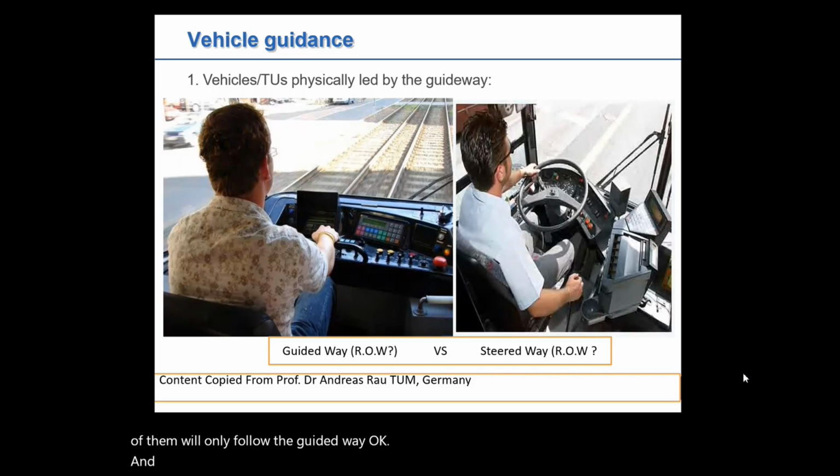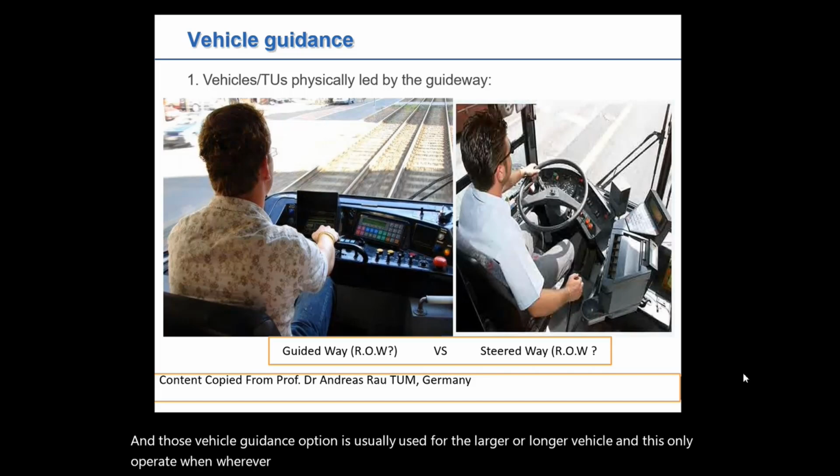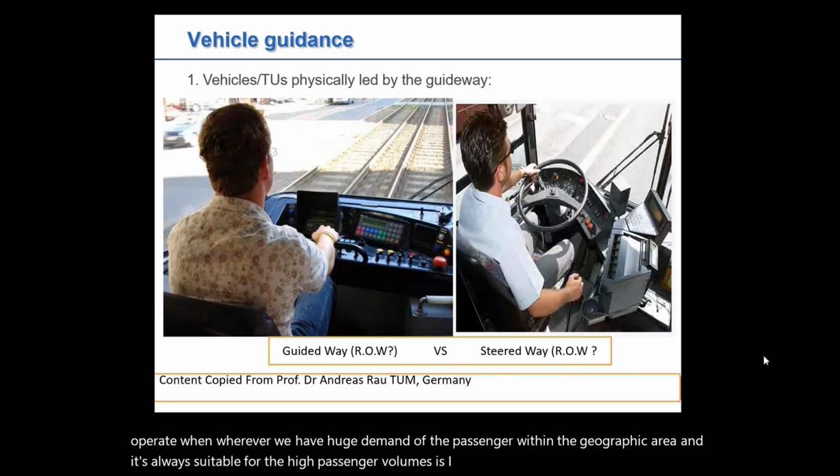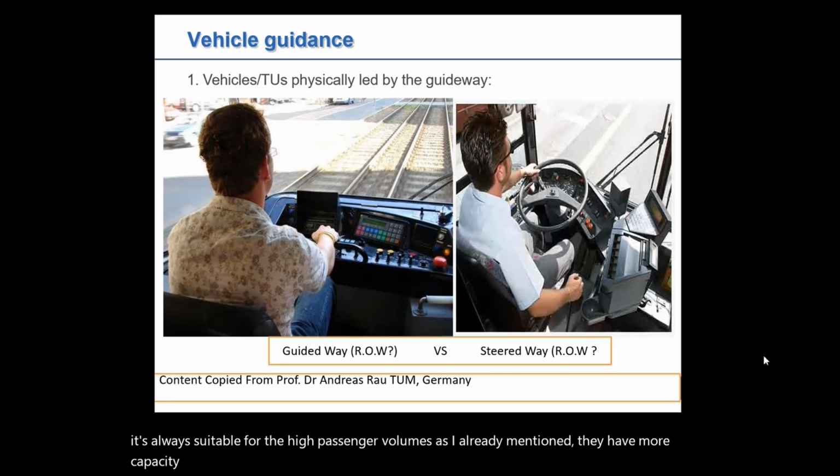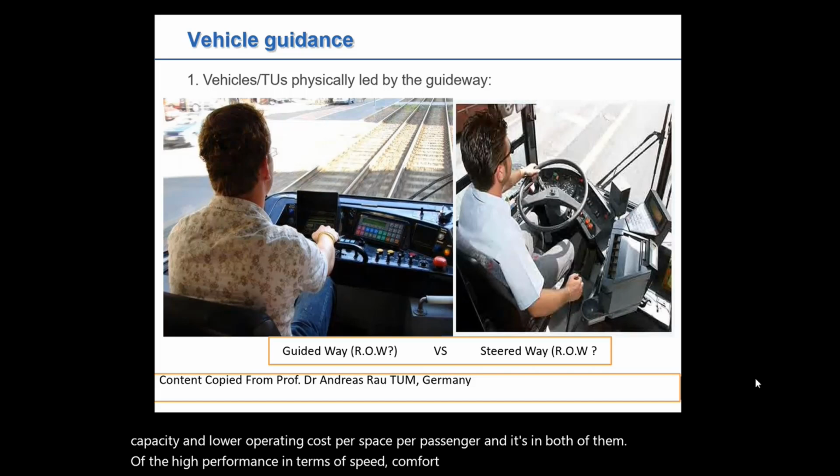Those vehicle guidance options are usually used for larger or longer vehicles, and only operate wherever we have huge passenger demand within the geographic area, and they are always suitable for high passenger volumes. As I already mentioned, they have more capacity and lower operating cost per passenger, and both of them have high performance in terms of speed, comfort, reliability, and riding quality.